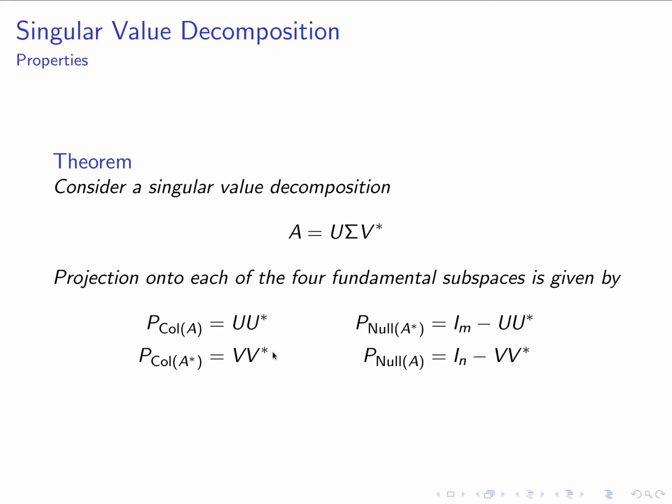And because of the orthogonality relations, we therefore know that projection onto the null space of A star is the same thing as the identity minus projection onto the column space, U times U star. And projection onto the null space of A is the same thing as the identity minus projection onto the column space of A star, which is V times V star. So if we are given a singular value decomposition, we can calculate our projection matrices quite quickly.